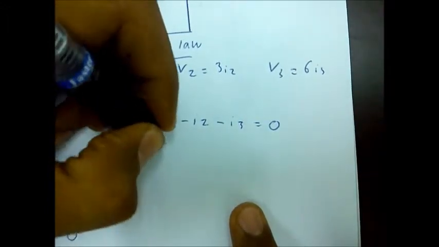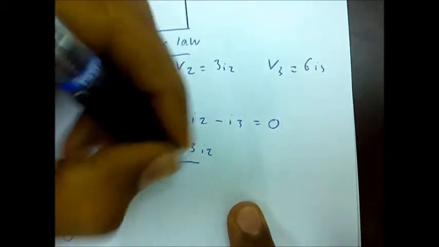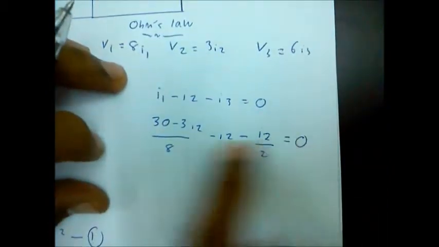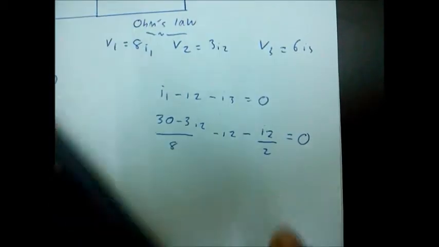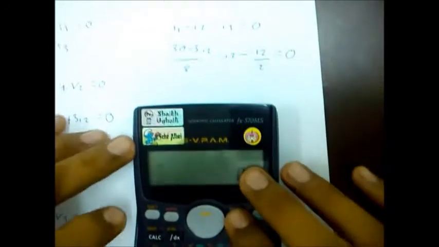I1 equals 30 minus 3I2 over 8, minus I2, minus I3, which gives I2 over 2 equals 0. For this equation we can use a calculator to get the answer.